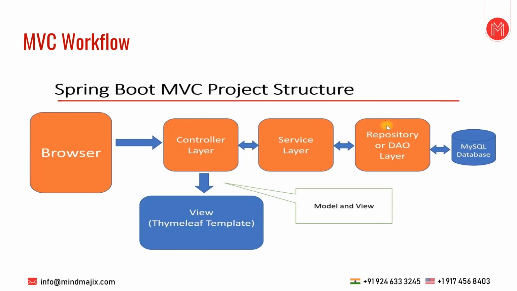Okay. As I already told you, Spring MVC is a model, view, and controller-based framework used to build web applications. But Spring Boot is most often used to develop REST APIs. It is used to build standalone Spring applications.